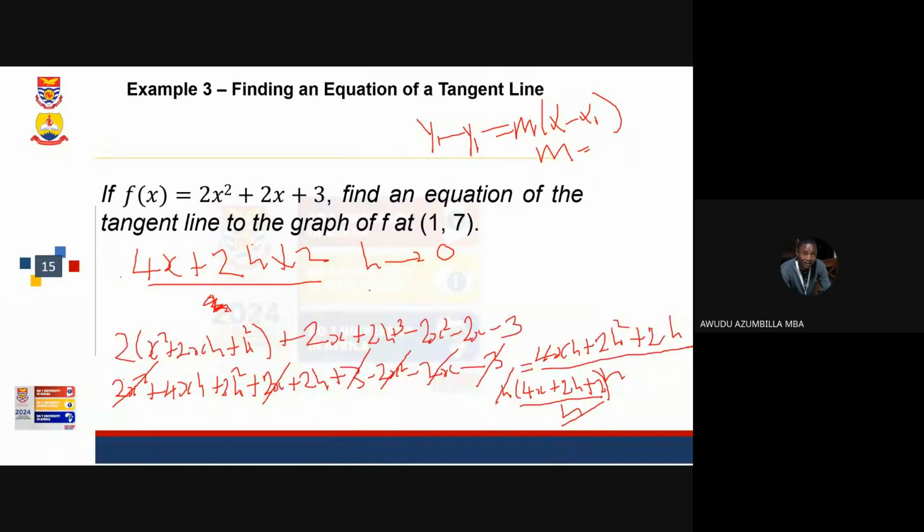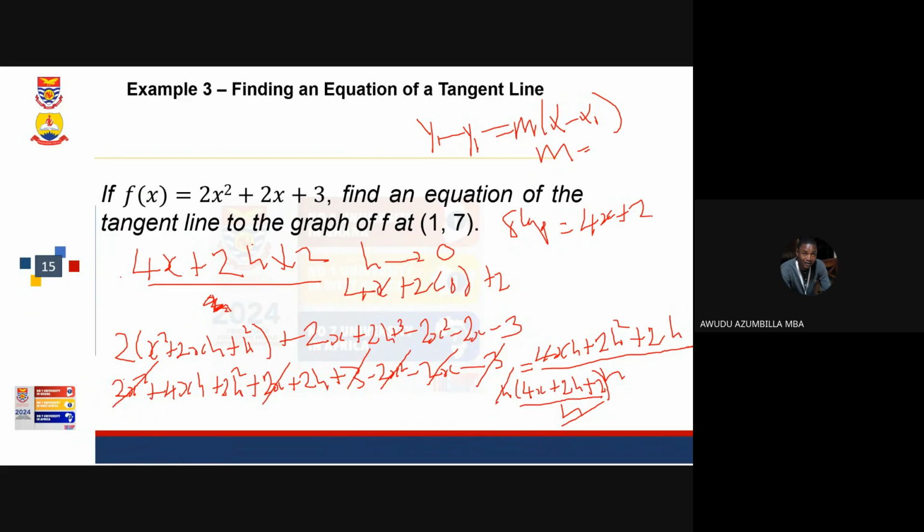So if h approaches 0, what will be our slope? Wherever we see h, we put 0 there. So we are going to have 4x plus 2 bracket 0 plus our 2. So finally, our slope is going to give us 4x plus 2.